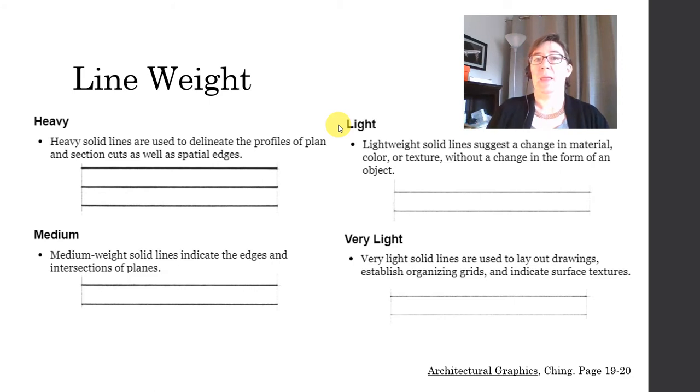And again, we're stepping down with the sizes. And finally, the very light lines are for, again, your very small details, your hatch patterns, your surface textures, and if you need to lay out or organize your drawing.